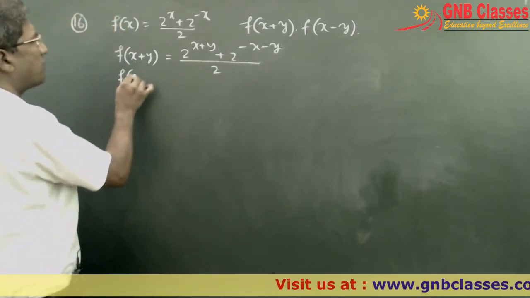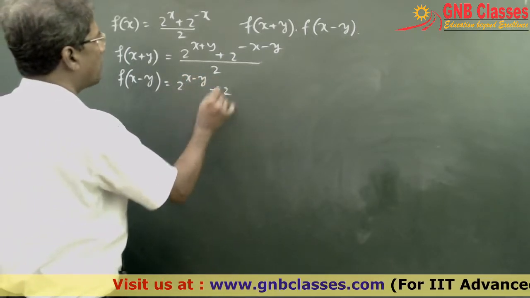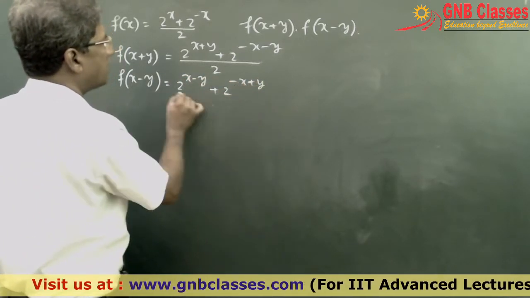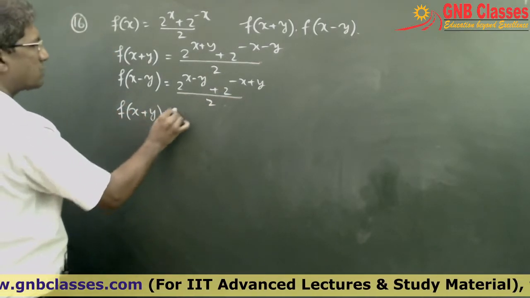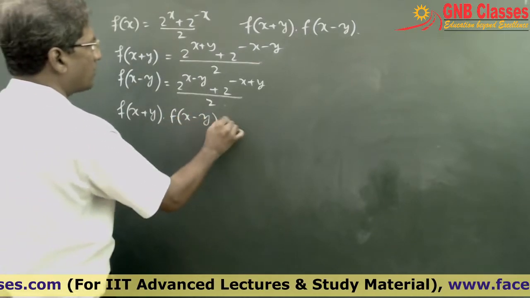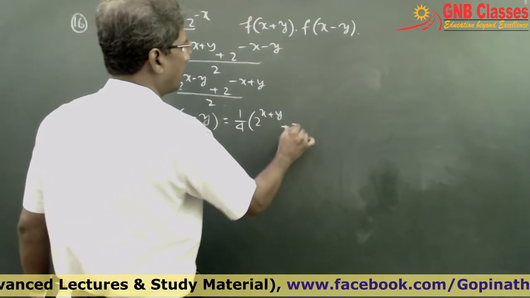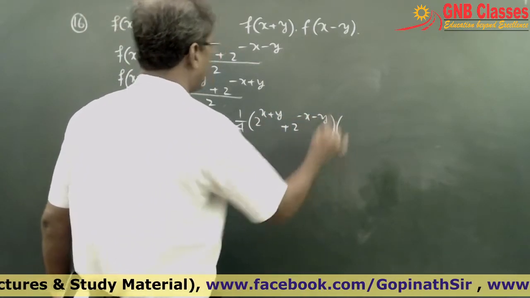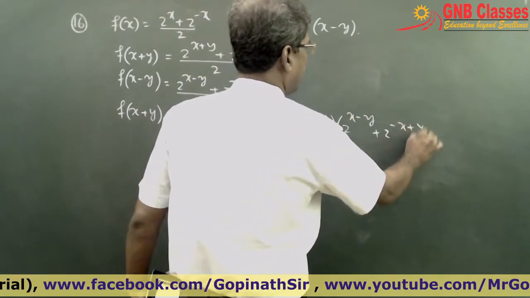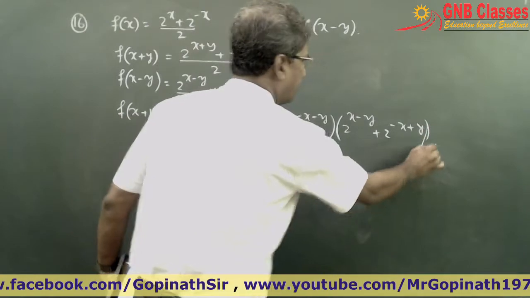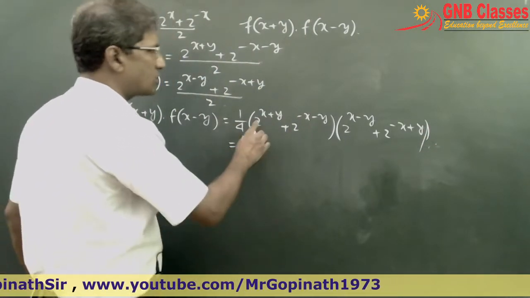And what about your f of x minus y? It is 2 to the power x minus y plus 2 to the power minus x plus y divided by 2. Now if I multiply these two, f of x plus y into f of x minus y, we are going to get 1 by 4. Is it okay? Now, let me just normally multiply these two terms. So what we are getting?